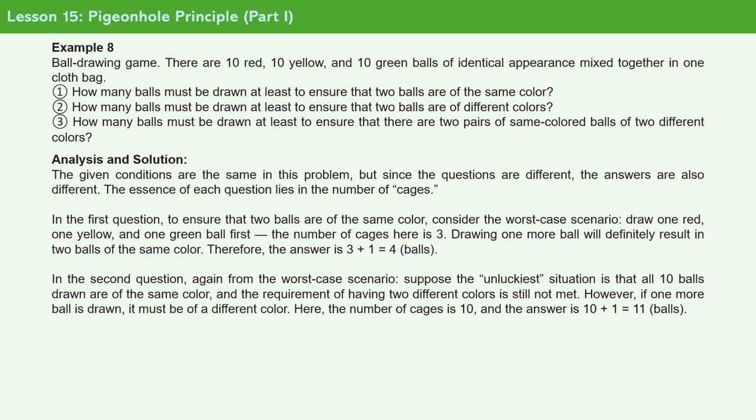In the second question, again from the worst-case scenario, suppose the unluckiest situation is that all 10 balls drawn are of the same color, and the requirement of having 2 different colors is still not met. However, if 1 more ball is drawn, it must be of a different color. Here, the number of cages is 10, and the answer is 11 balls.